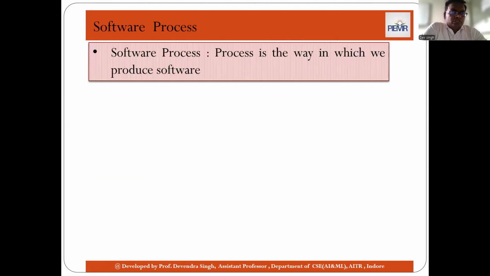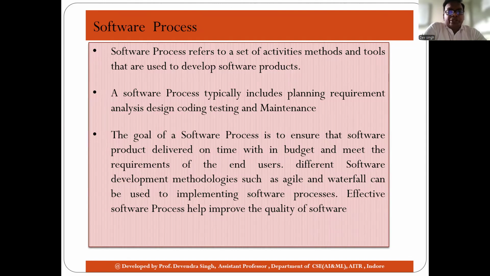The second term is software process. What do you mean by software process? Process is the way in which we produce the software, a particular process to follow to develop the software. Software process refers to the set of activities, methods, and tools used to develop the software product. It typically includes various phases: planning, requirements, analysis, design, coding, testing, and maintenance.